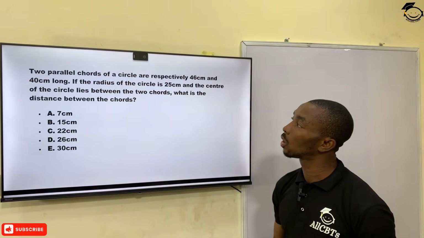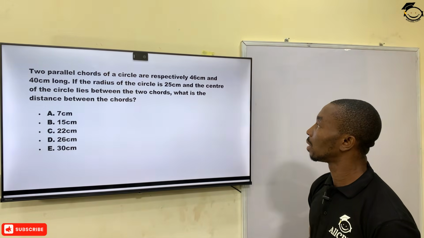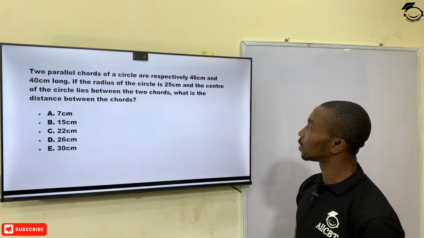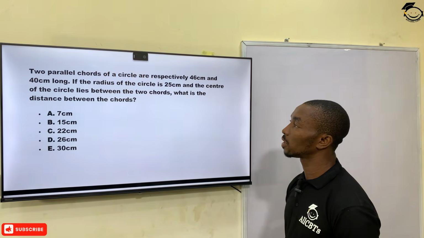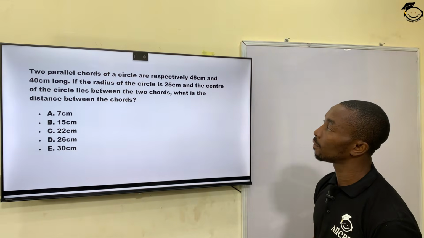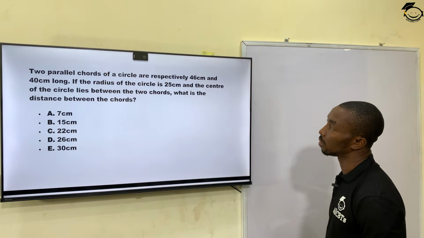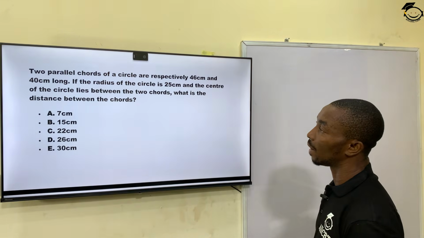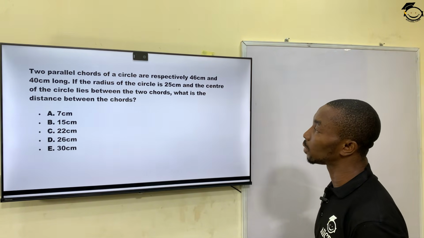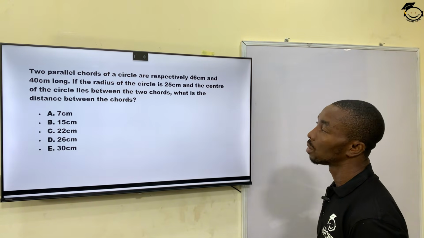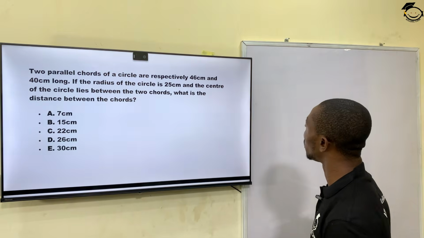Two parallel chords of a circle are respectively 46 cm and 40 cm long. If the radius of the circle is 25 cm and the center of the circle lies between the two chords, what is the distance between the two chords?